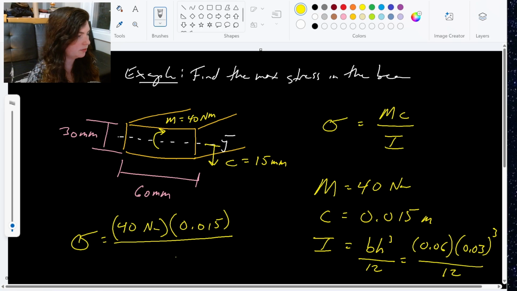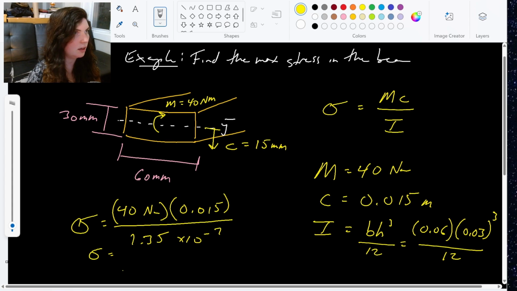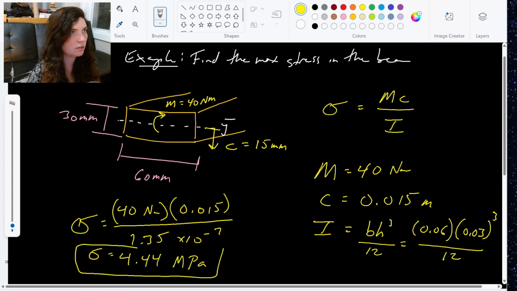When I punch that into my calculator, I get 1.35 times 10 to the negative 7. So this gives me a maximum stress of 4.44 megapascals. 4.44 megapascals. So it's pretty much plug and chug.